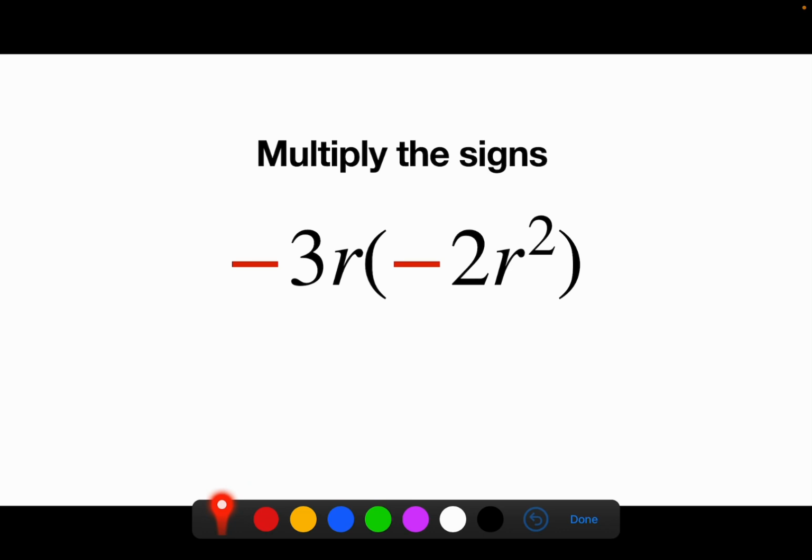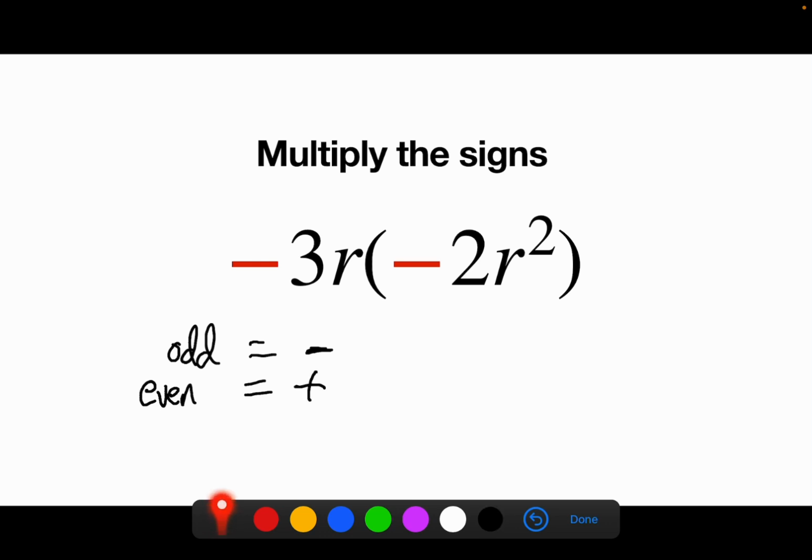There are a lot of different ways to figure this out. If you have an odd number of negative signs, then that's going to equal a negative answer. If you have an even number of negative signs, then you're going to have a plus.